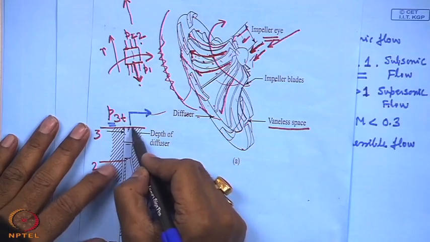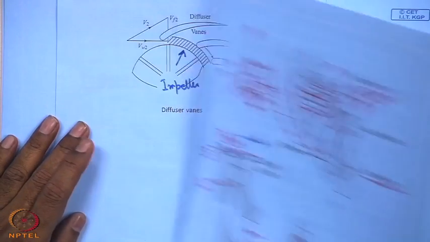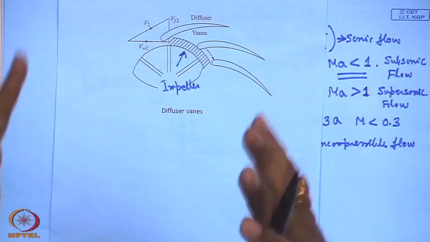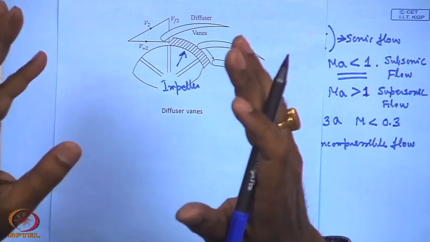Okay. So, for that we want that the total energy of the air at the outlet should be mostly in the form of static pressure, or you can say the stagnation or total temperature at the outlet, which is the index of the work given to the fluid, should come in the form of only the static temperature or the static pressure, not in the form of kinetic energy.